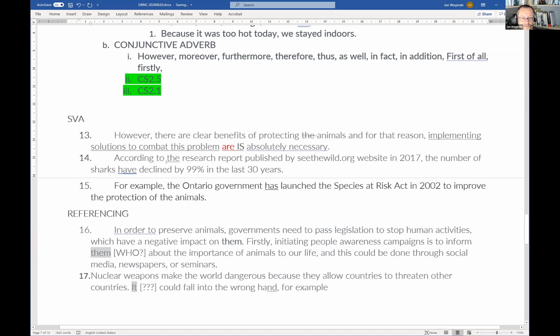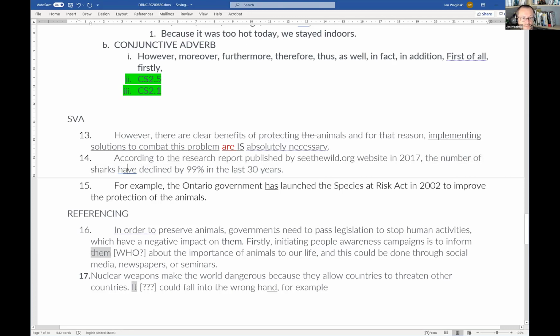According to a research report published by seethewild.org website in 2017. It's not the, because presumably they don't only have one research report. If they only ever wrote one research report, it would be the. But if it's one of many, then it's a. Okay, the number of sharks have declined by 99% in the last 30 years.